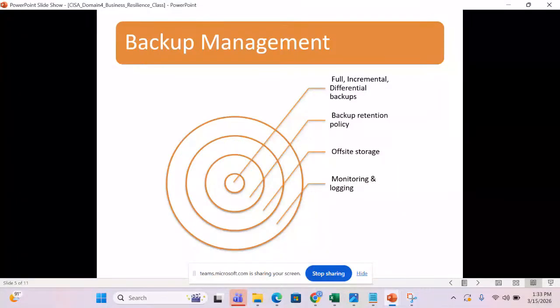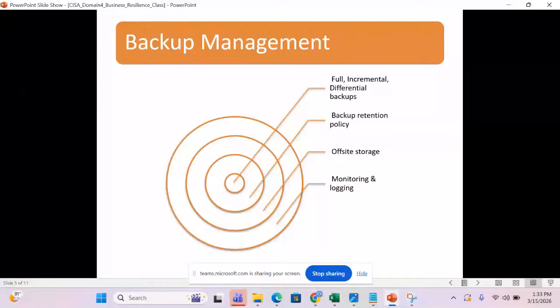Let me give you an instance. Let's say Monday, Tuesday, Wednesday, Thursday, Friday. If our backup policy says that we should always back up our data at the end of the week, then what we are doing is a full backup. It means that Monday to Friday, we are backing up all our data for the week.